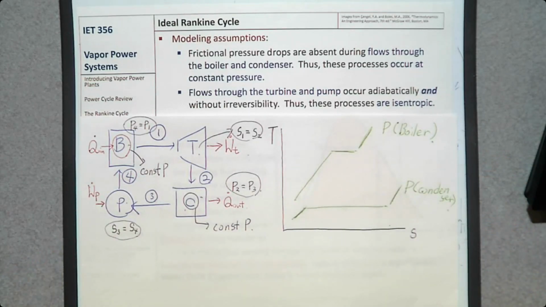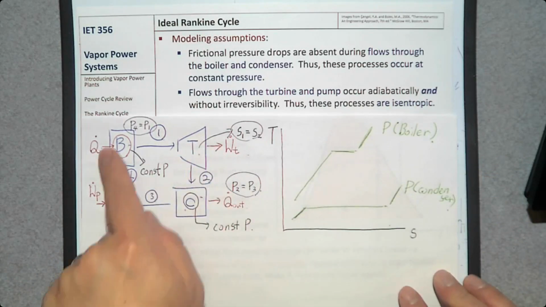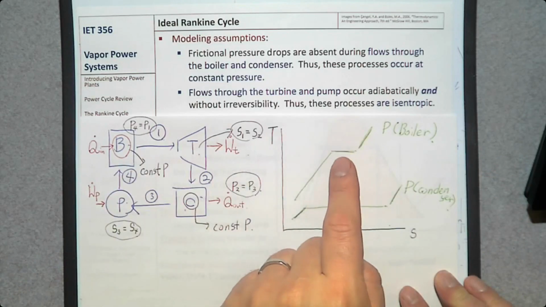Now, number 2 and number 3 should be somewhere on this line because their pressures are this one. Number 1 and number 4, they should be on this line because their pressure value is this one, right? Then let's study the entire Rankine cycle on this TS diagram.